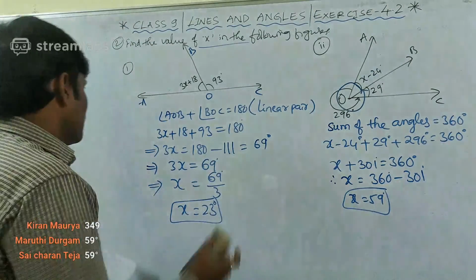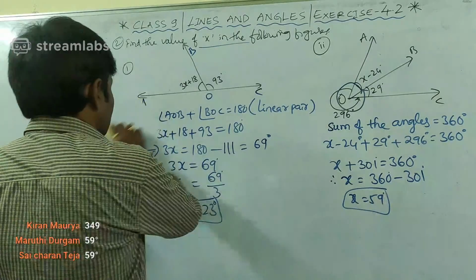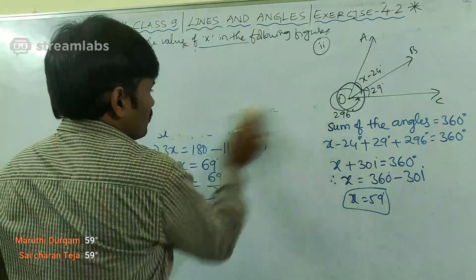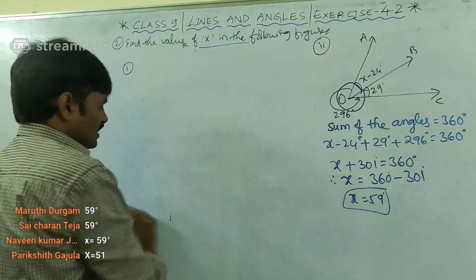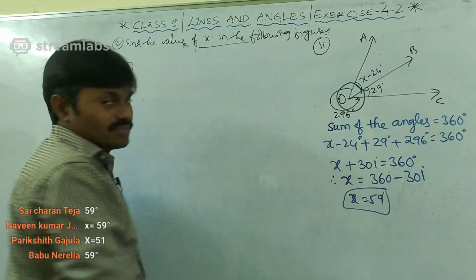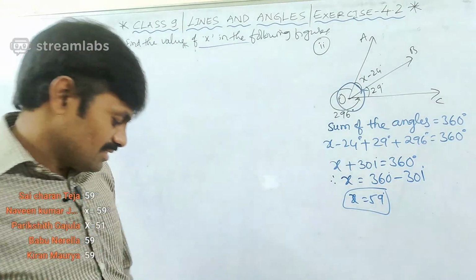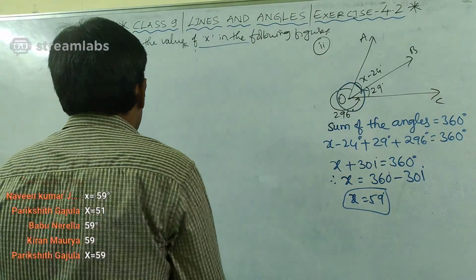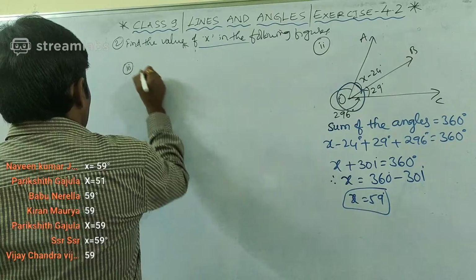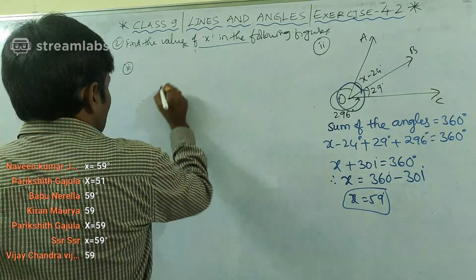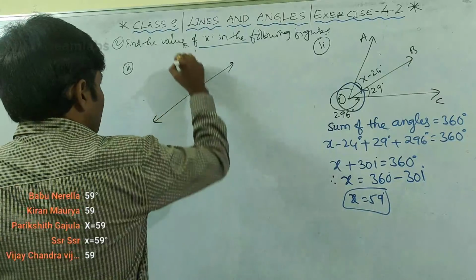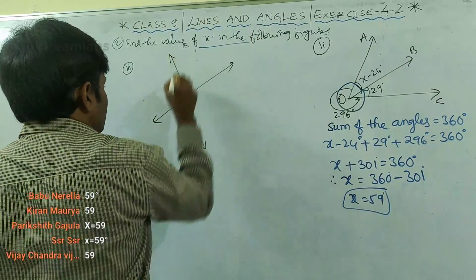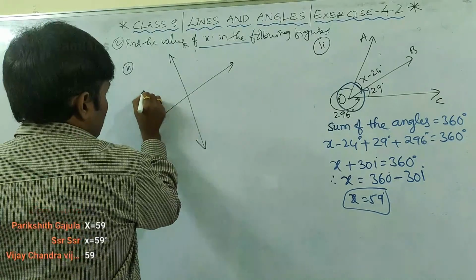Now which concept do you have to apply to solve the third one? Now we are going to discuss question number 3 of the same bit, second bit. Here they are given three lines, three congruent lines passing through the same vertex.